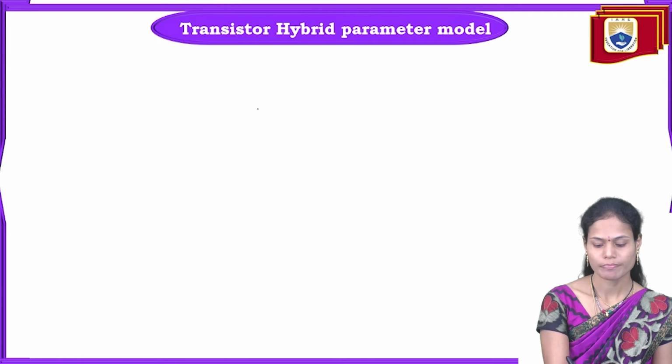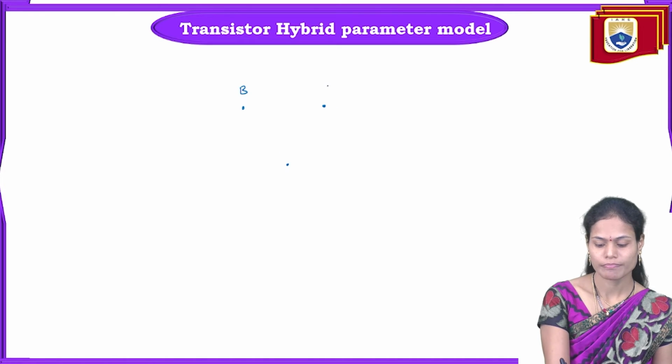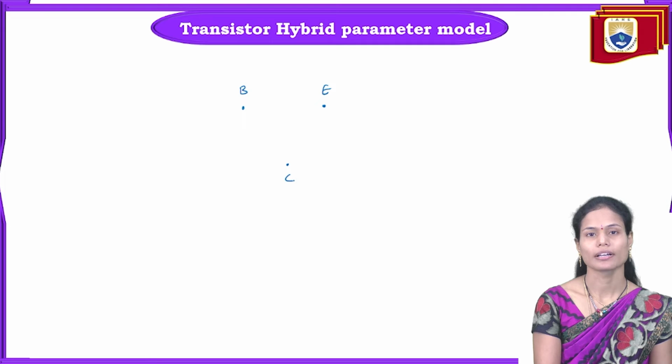For that purpose, I am taking the 3 terminals of the common collector configuration, that is base, emitter and collector.